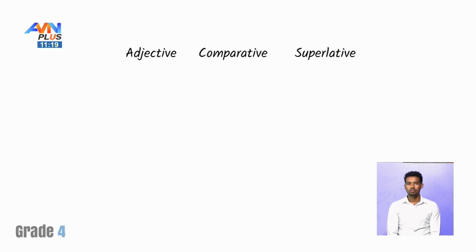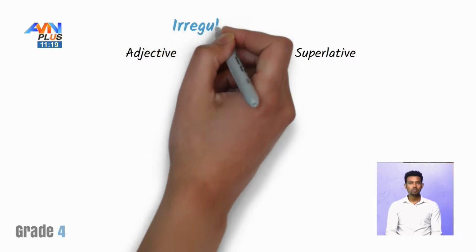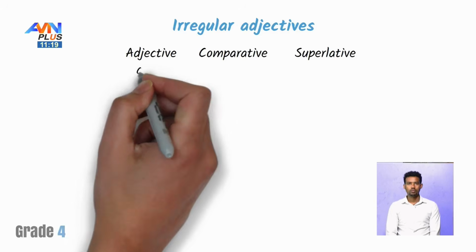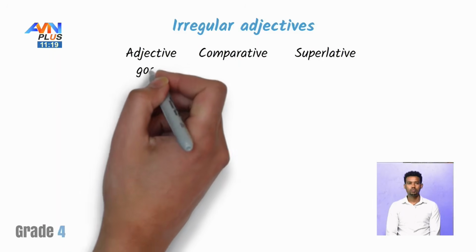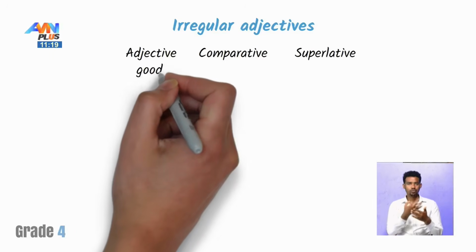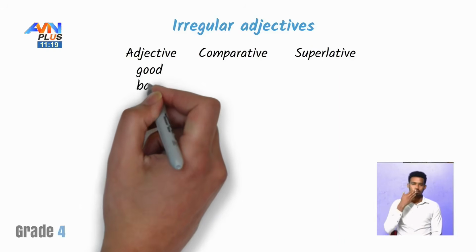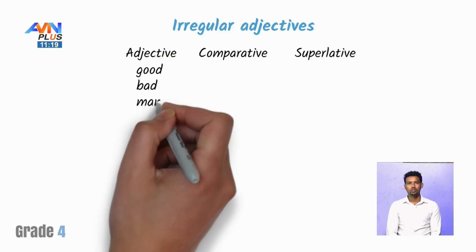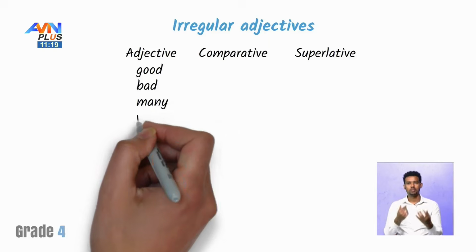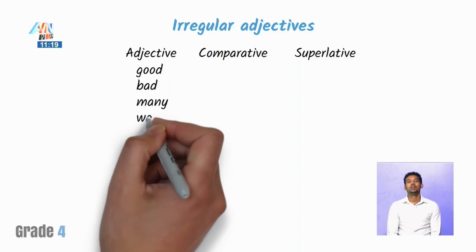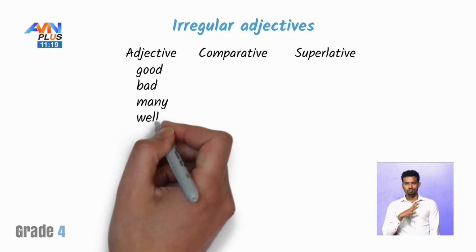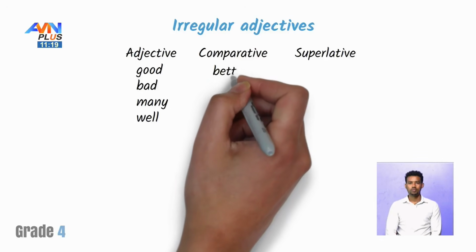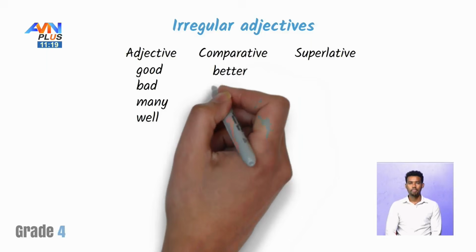Irregular adjectives. Good, bad, many, well. So, better. Here is bad, worse.